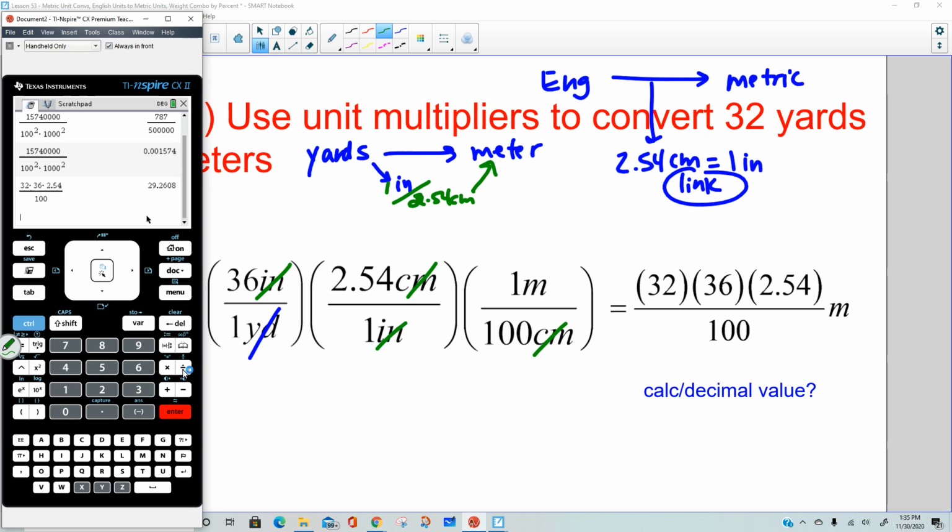So 29.2608 meters. And since that ends at the fourth place, I honestly wouldn't go ahead and round that. I would just leave it. But I mean, you certainly could round it to 3 decimal places, but there's really only one more digit, so it's not that big a deal. But again, I'm giving you choices here.